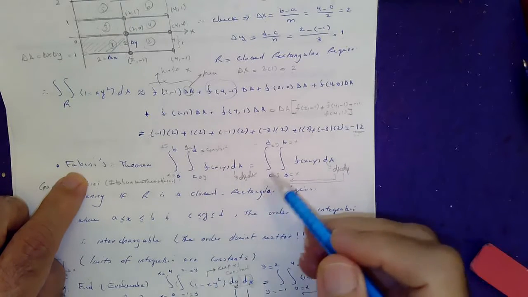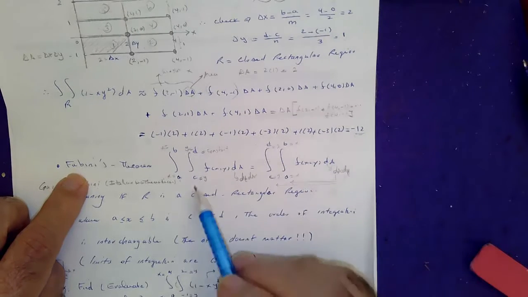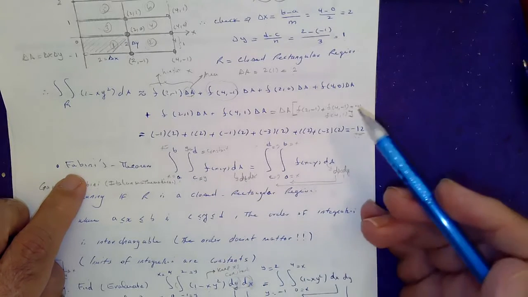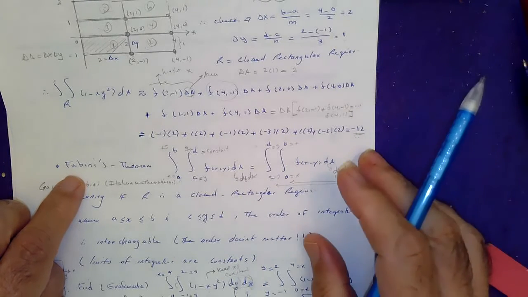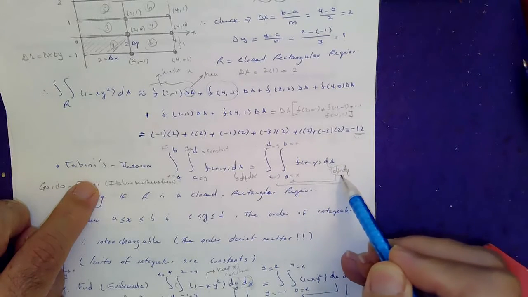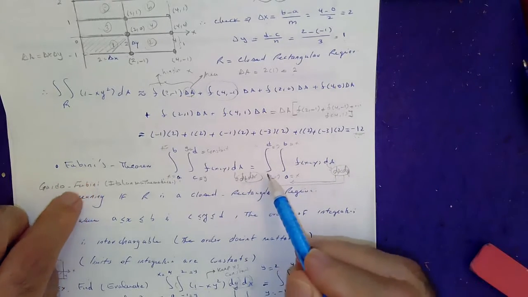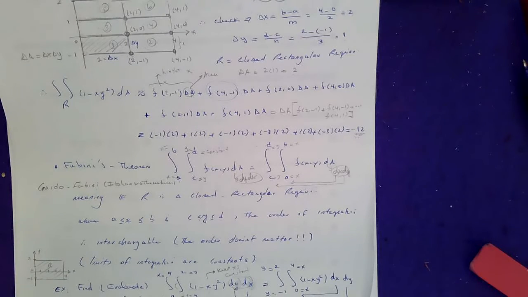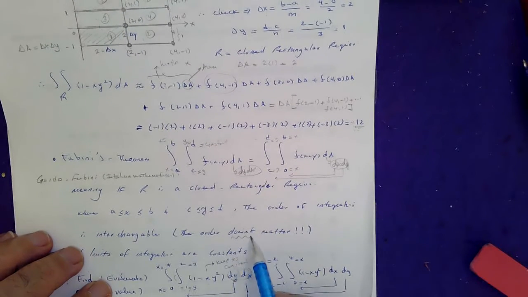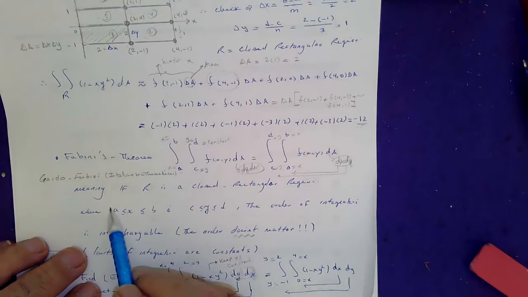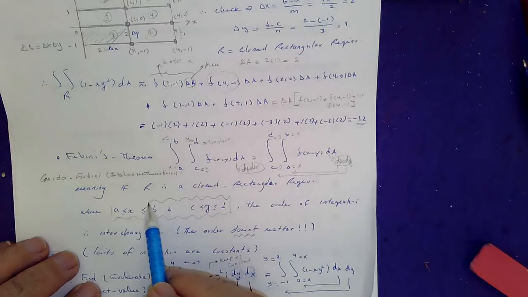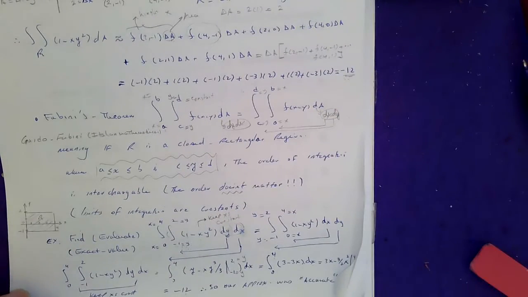If the limits of integration are constant, meaning you are on a closed rectangular region, which in this section we're going to have general regions, it doesn't have to be a rectangle anymore, you can switch the order of what? Integration, and lo and behold, the answer comes up the same. So in this case, the order does not matter, provided you are on a rectangular what? Closed region. Do you see it?